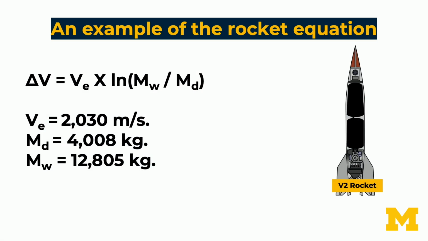So an example of the rocket equation is the V2 rocket. The V2 rocket was the first modern rocket ever created. So when we talk about an exhaust velocity that's roughly 3,000 meters per second, that's sort of modern rockets, and it's sort of a nominal value. Well, the V2 rocket was the first rocket, and so its exhaust velocity wasn't that large. It was about 2,000 meters per second.